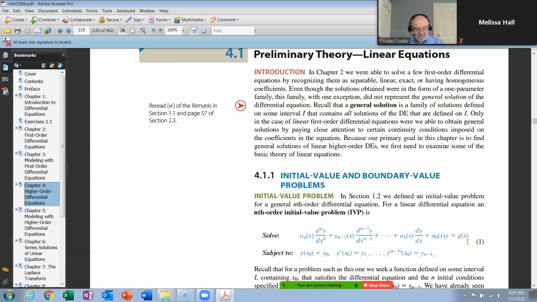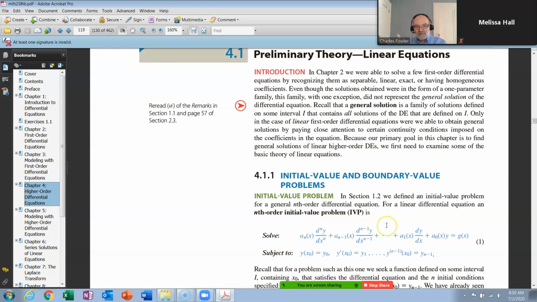Again, all your coefficient functions and the g at the end are only functions of x. You have no y's to any other power, no derivatives of y to any other power than 1. You can't have a fractional power, a negative power, or a multiple power. No other power except the power of 1. All the derivatives and all the y's, and you can't have two of those in the same term.